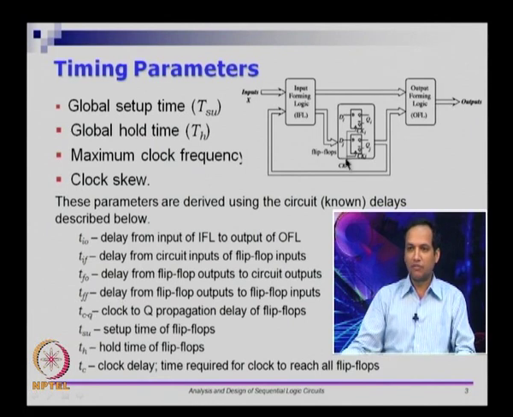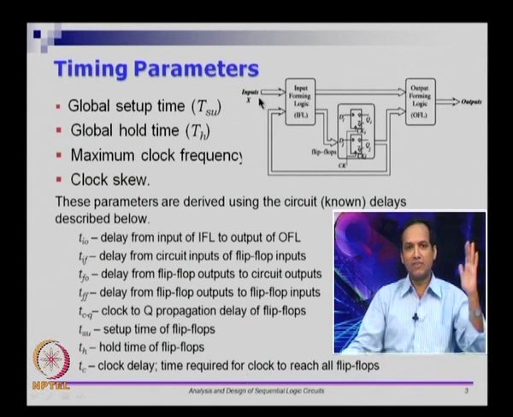So, the moment you pick the flip flops that you are going to use in your circuit, T C to Q, T SU and T H are the clock to Q, setup and hold time of the flip flops. Finally, there could also be something called TC or the clock delay. This is the time required to reach all the flip flops.